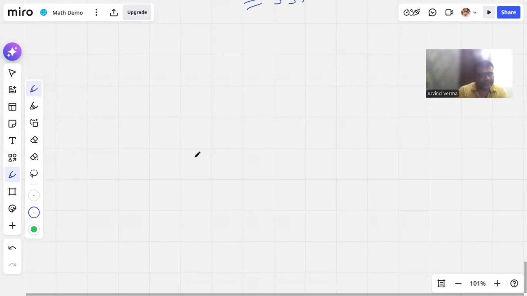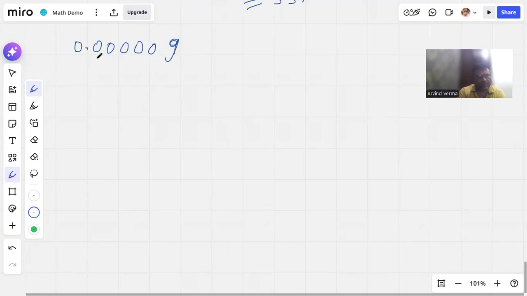Now let's take some smaller numbers like 0.000009. How can we represent this number in the standard form? Simple.